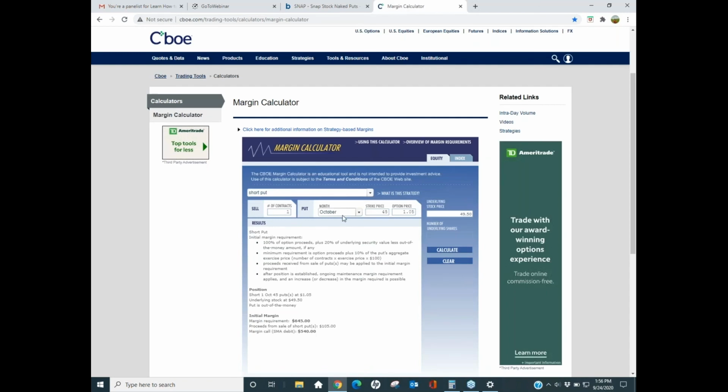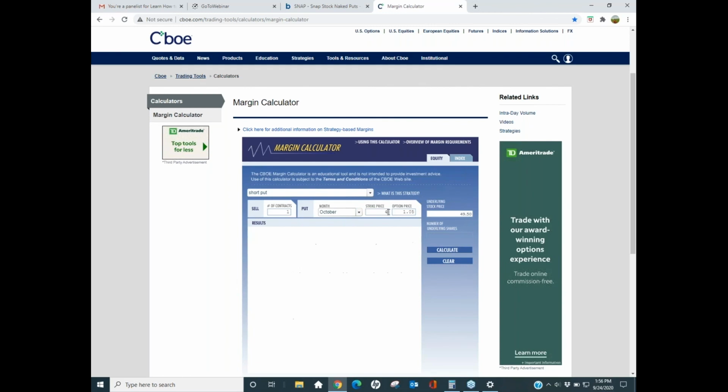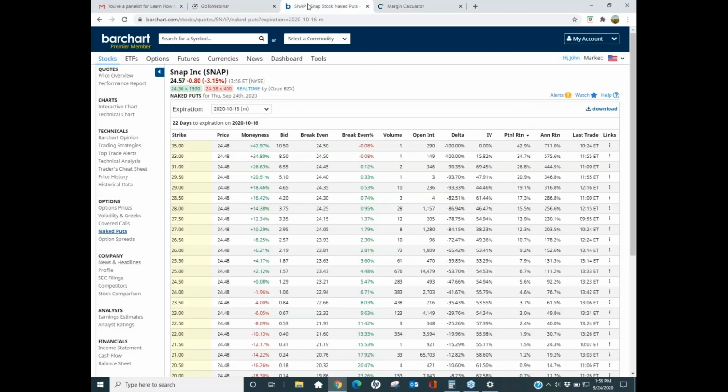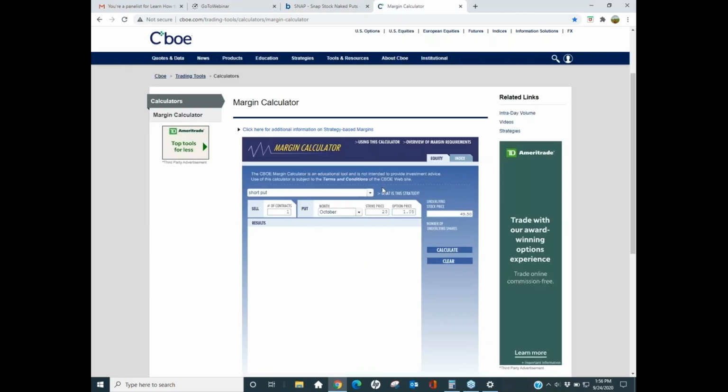We're going to do one contract. We're going to expire in October. Our strike price is $23. What did we say we're going to take in? We're going to take in 67 cents.